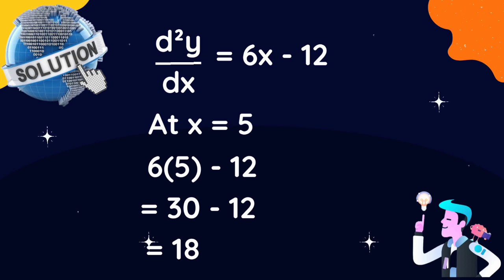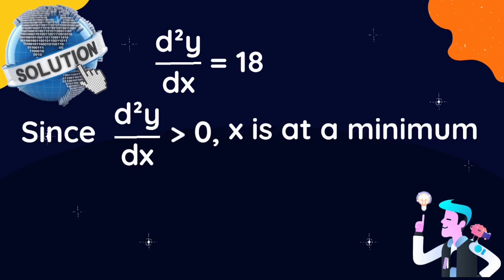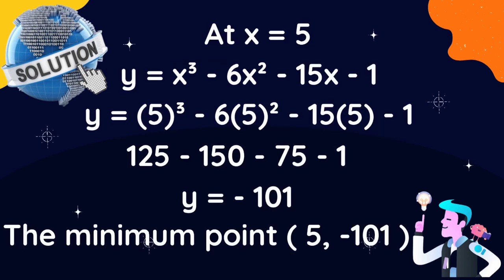Since the second derivative after substituting the critical value gave you a positive solution, that means the function is at a minimum point at this particular point, since the second derivative is greater than 0.